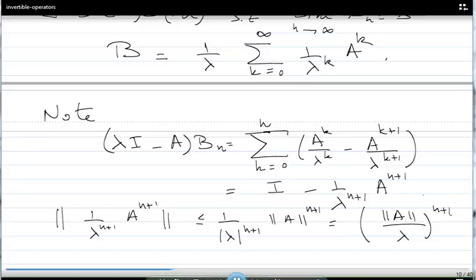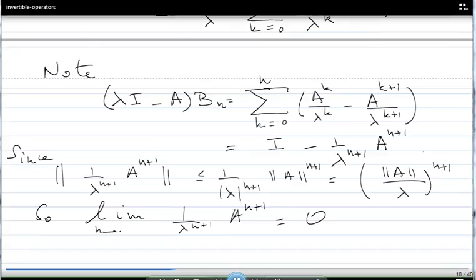And since lambda is bigger than norm of a, this will go to 0. So the limit of this, the norm of operators in B(U), is equal to the 0 operator in B(U) when n goes to infinity.